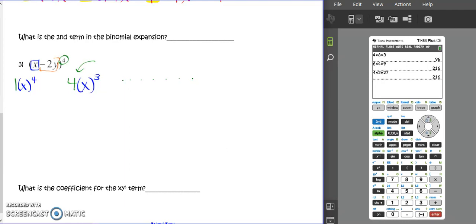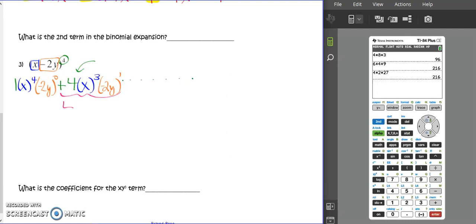Now let's go to the negative 2y. Negative 2y to the 0. Then we have negative 2y to the first, and we can stop there. Now remember, there's going to be a plus in between there until we focus on simplifying and changing terms that we need to. So it just asked for the second term. So look here.